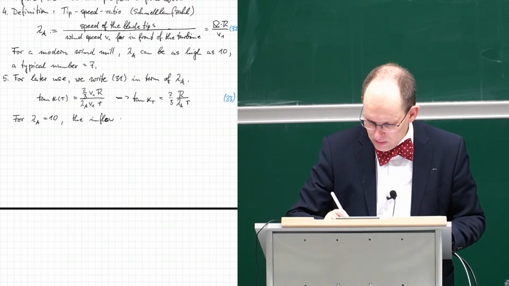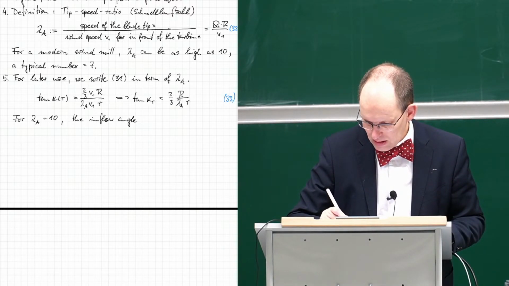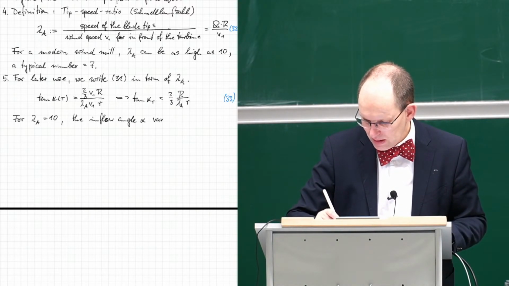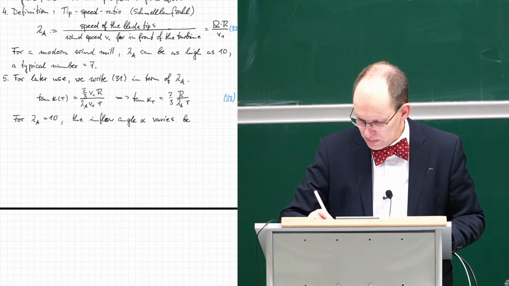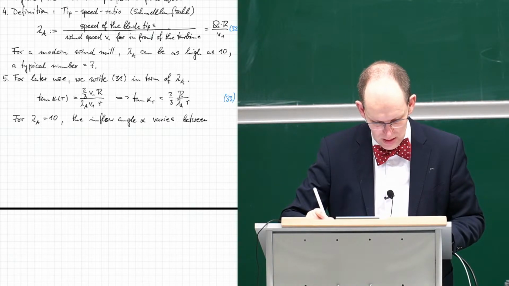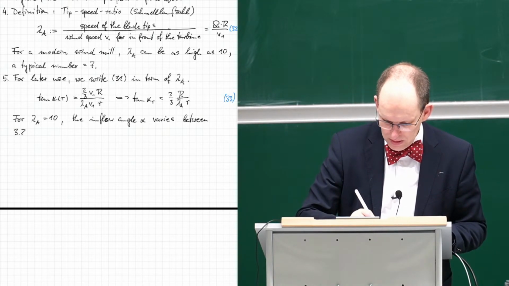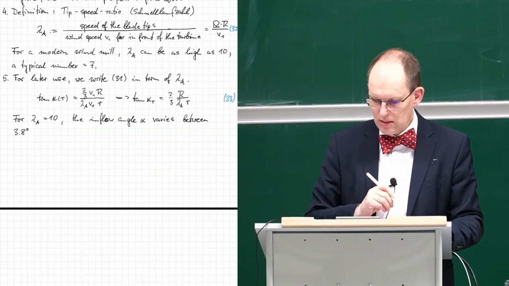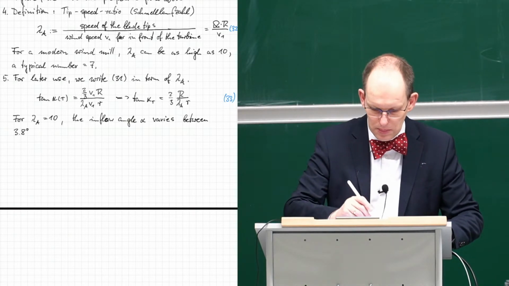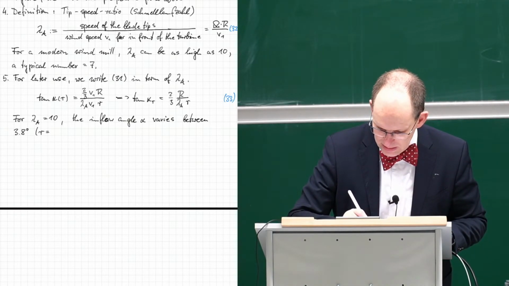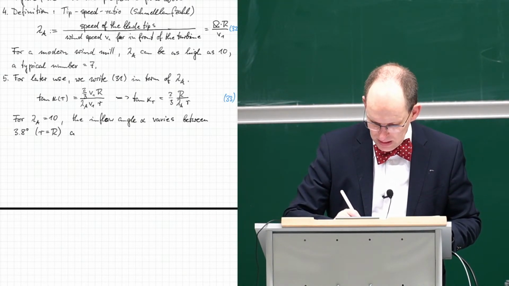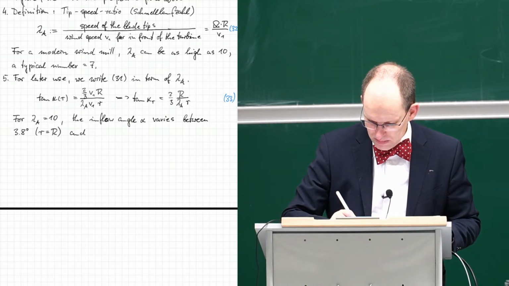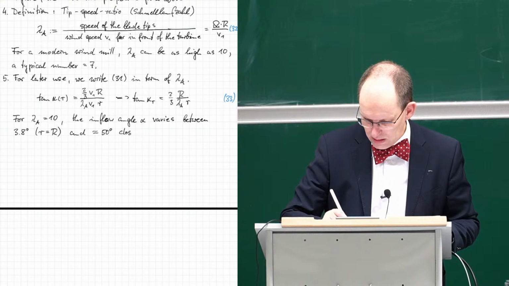So the inflow angle alpha varies between 3.8 degrees, when r is equal to capital R, and roughly 50 degrees close to the rotor axis.